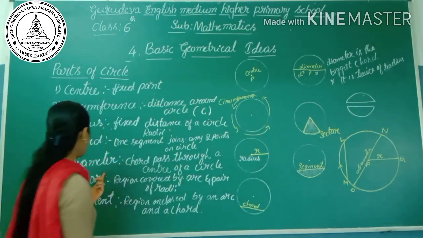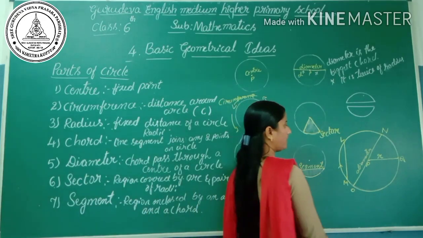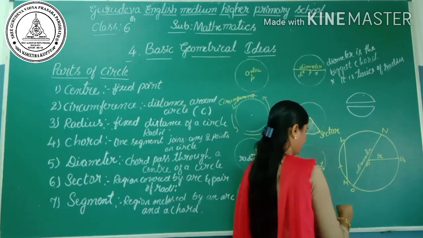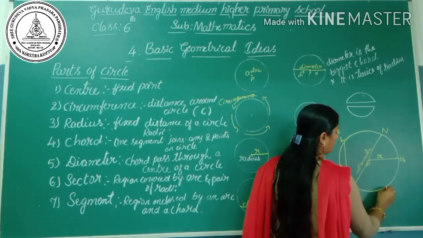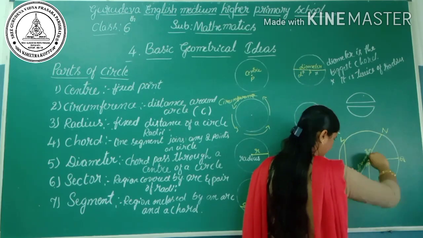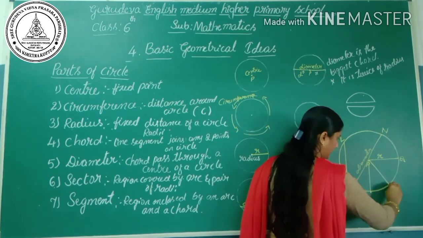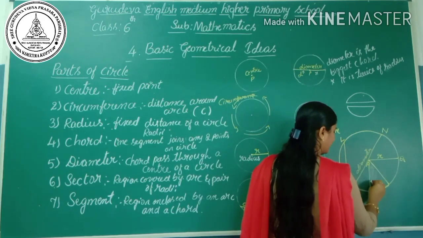Then next, the sector. A region covered by the arc and a pair of radii, right? Here there is an arc and a pair of radii, one radius and the second radius, totally radii. So it is the sector of a circle.